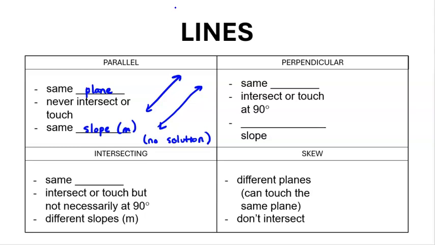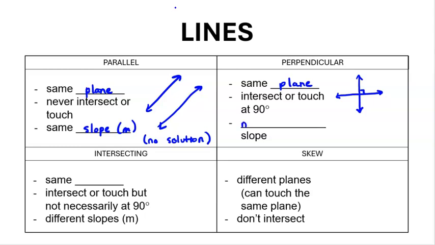When it comes to perpendicular lines, we can think about the x and the y axis of a coordinate plane. We know that those intersect at a 90-degree angle, so we put that little box there. And these are also going to be on the same plane as well.